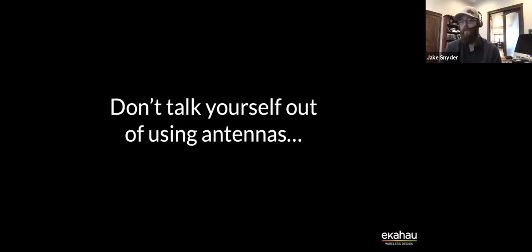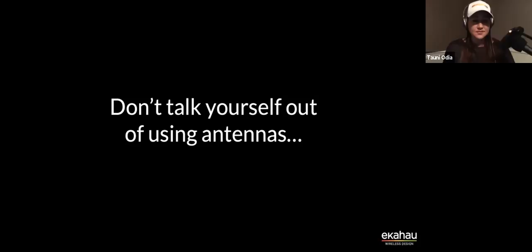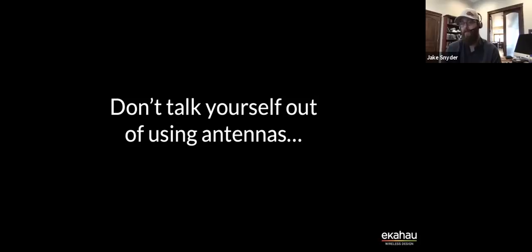I think for me, there was a question about RRM in the Q&A, and it was understanding that we talk a lot about how the APs hear the client, and how the clients hear the AP, but we don't really talk about how the APs hear the rest of the environment.